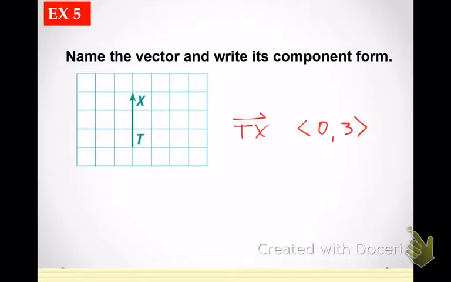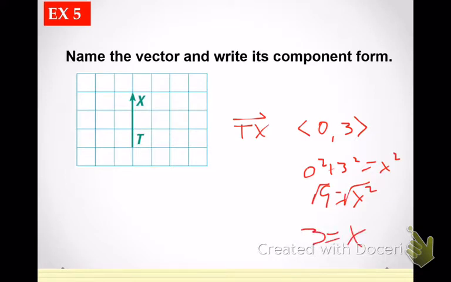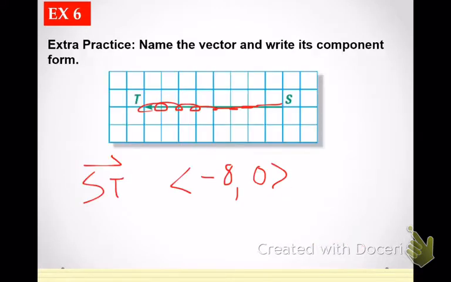We would take 0 squared plus 3 squared and set it equal to the actual magnitude, x squared. So we get 3 squared, which is 9. Square root, and so x would be 3, since we're talking about distance. Okay? Same thing for this one. You would take the horizontal component squared plus the vertical component squared and set it equal to x squared.